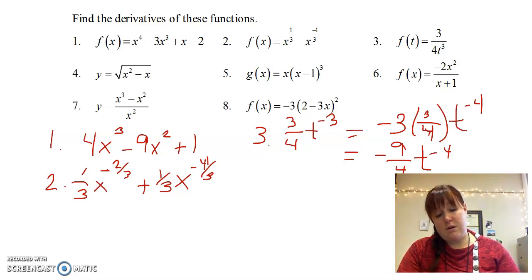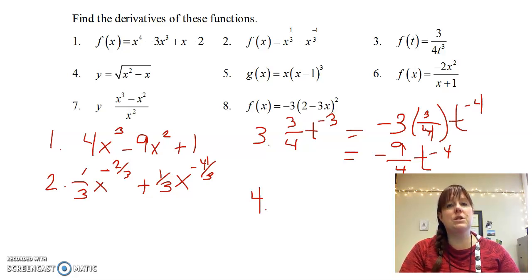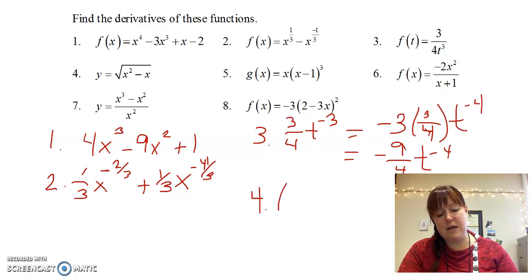Number 4. The big key that I see right here is that this is the square root of a function, which means it's a function inside of a function, right? Because the square root is a function, and then the x squared minus x is another function. So let's write it as a power, x squared minus x to the 1/2. Okay, and so then this would be a chain rule thing, right?